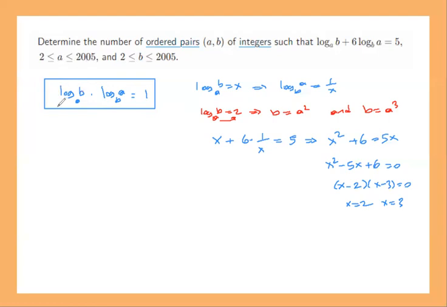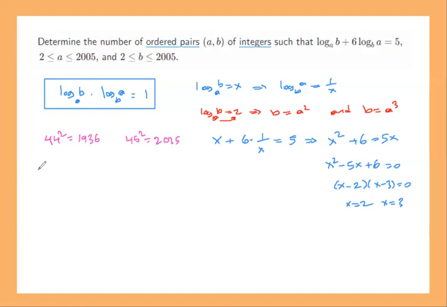If you do 44 squared, that is actually 1936, which is smaller than 2005. But if you do 45 squared, which is one of the common numbers we see, it is 2025. Since this is larger than 2005, we cannot go with 45. So B can be at most 1936, which is 44 squared.